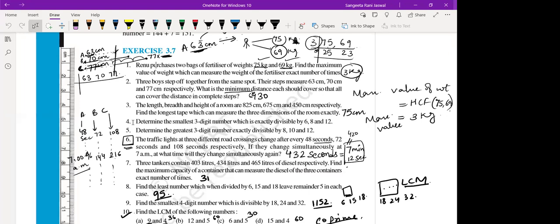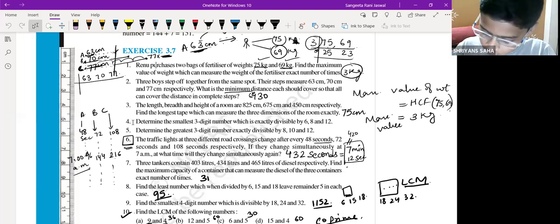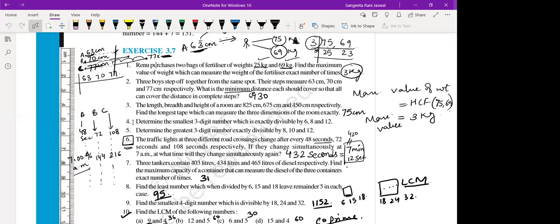Nishika, we are doing question number 4. Question 4 is determine the smallest 3-digit number which is exactly divisible by 6, 8 and 12.